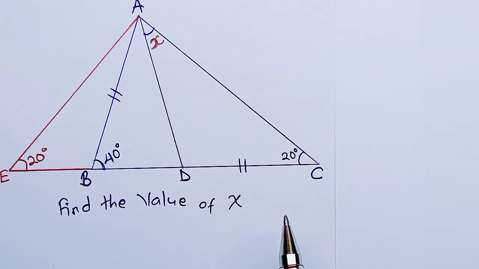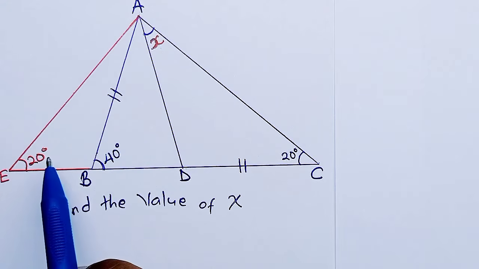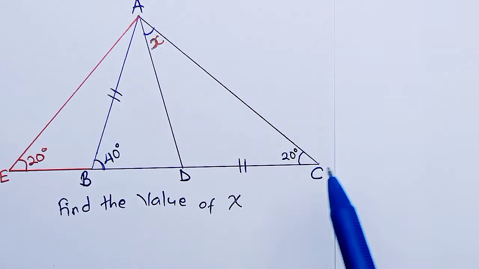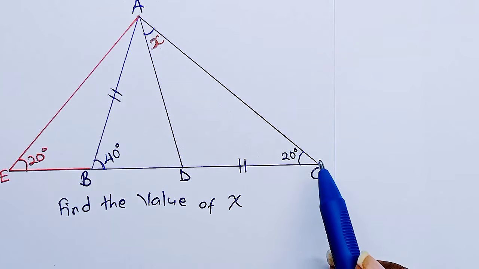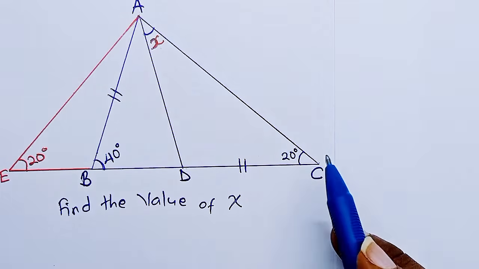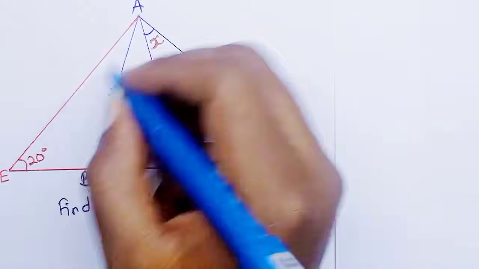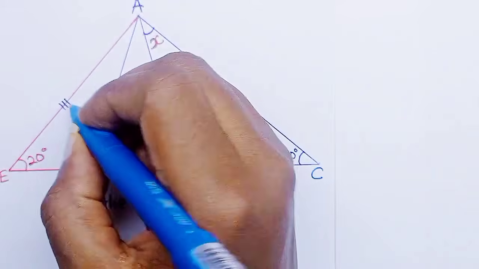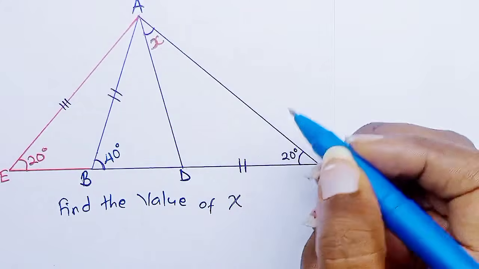I know the diagram is not to scale, but I'm sure you get the point. Now we can see that this angle is equal to this angle, so that implies that this side here, AE, is equal to this side, AC.